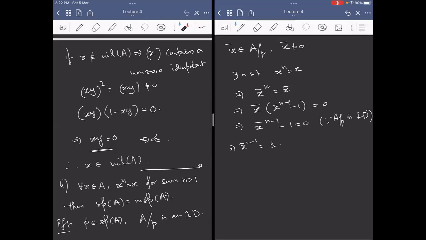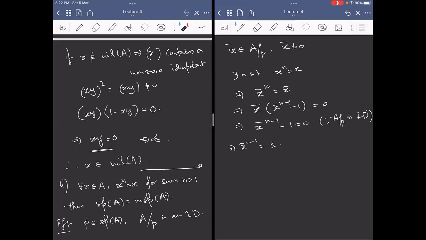Now, if your n is greater than 2, then there are at least 2 x bars, and therefore x bar times x bar to the power n minus 2 is equal to 1, and you are done.